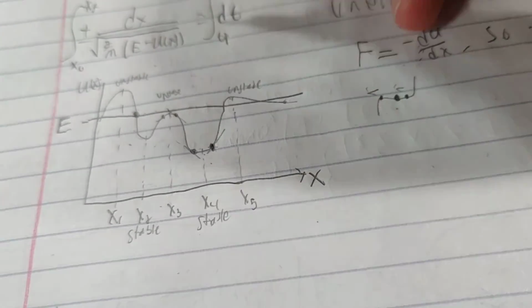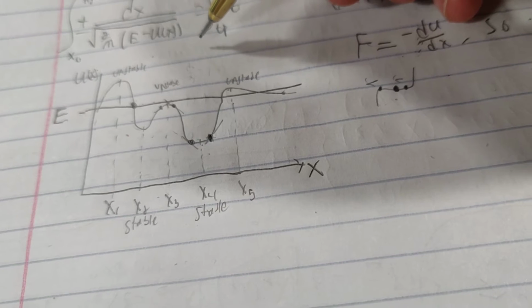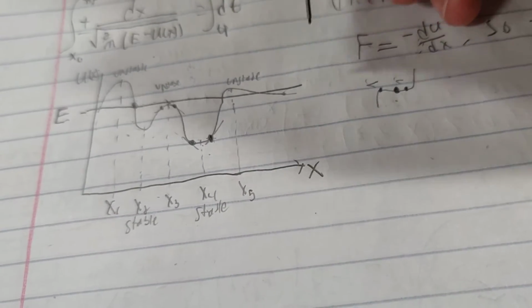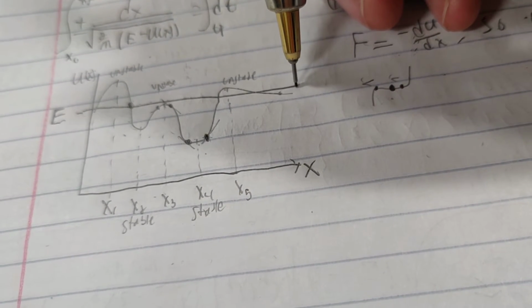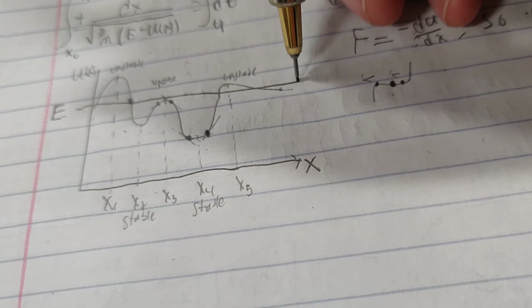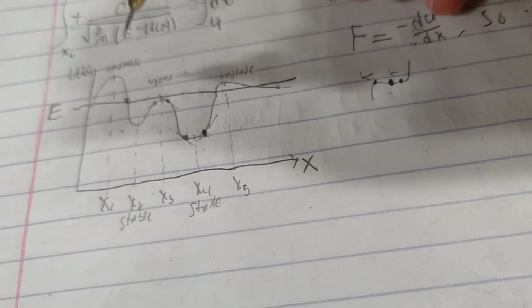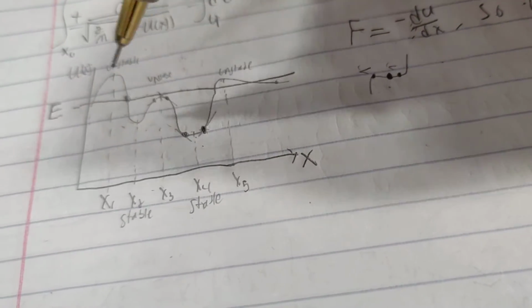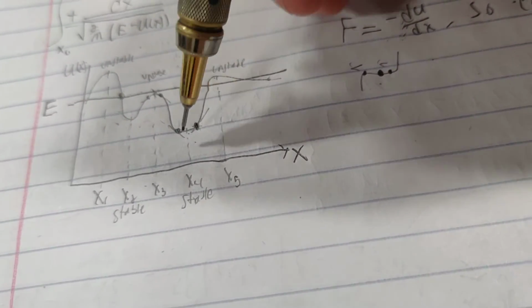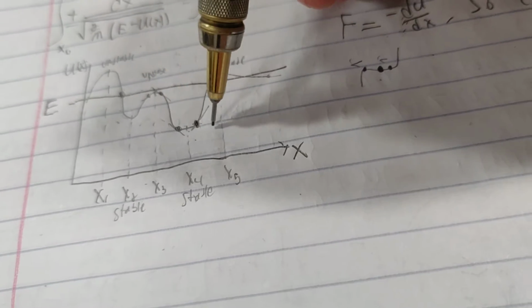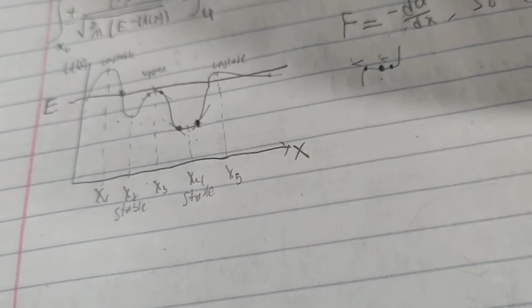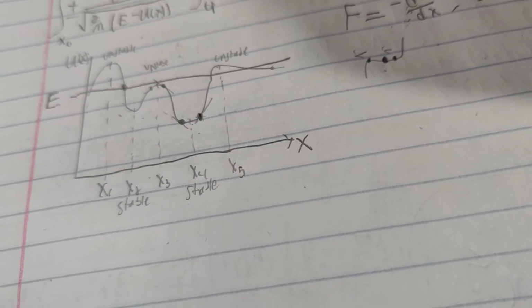But the value of that total mechanical energy tells us something about the motion of the particle, the speed that it has in a particular spot. So in addition to knowing these locations for equilibrium points, having certain critical values of energy are going to tell us something different about the motion.